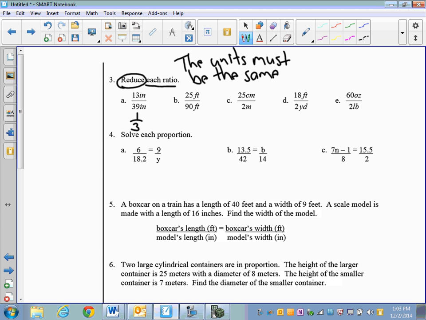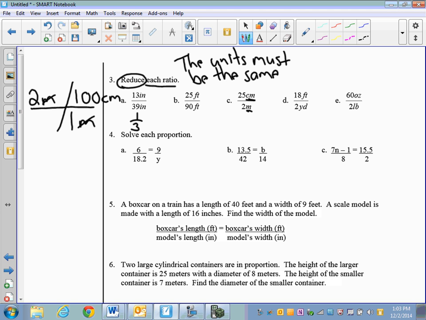For B, we also have the same units, so you can try that one out. For C, though, we have centimeters and meters, so we have to convert meters to centimeters. That would probably be the easiest way. If we have 2 meters, 1 meter has 100 centimeters.